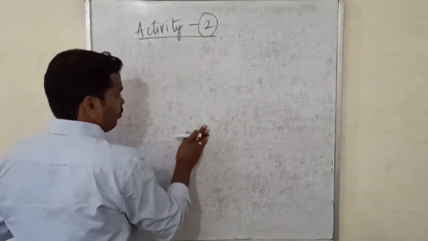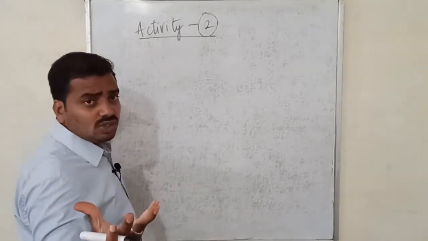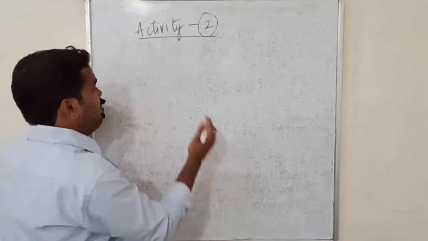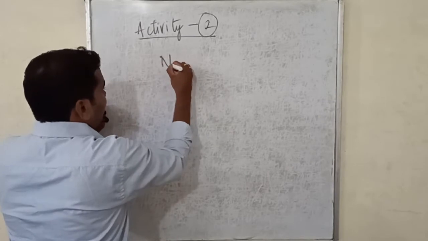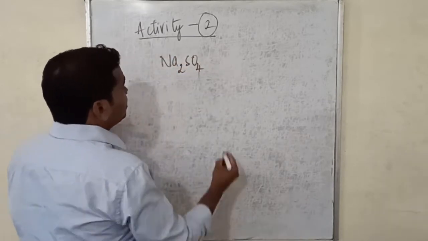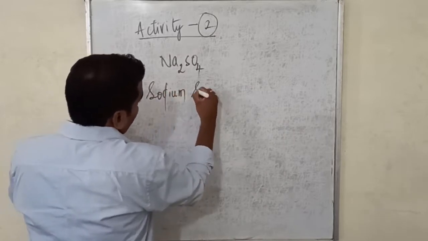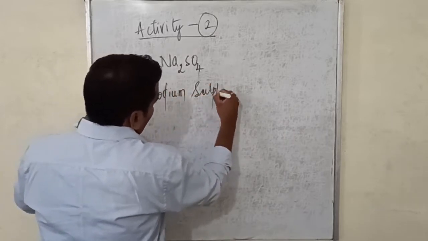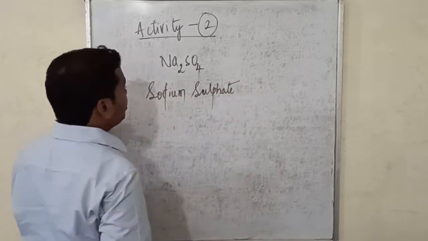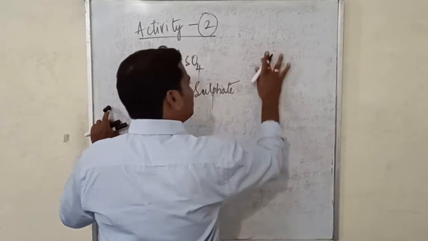Now you see, I have told you to make solutions of different compounds, that is sodium sulfate, Na2SO4. Next to this, you are going to learn how to prepare it. It's very easy.